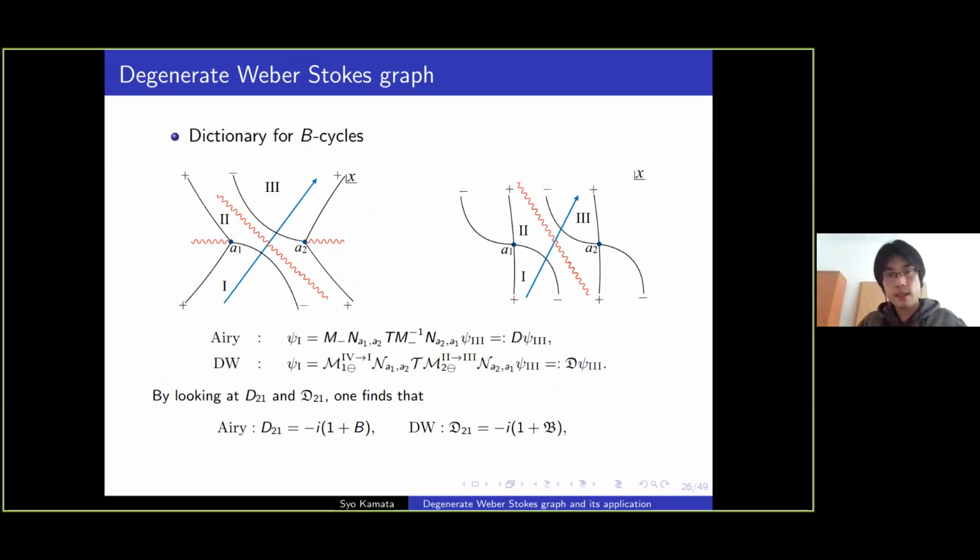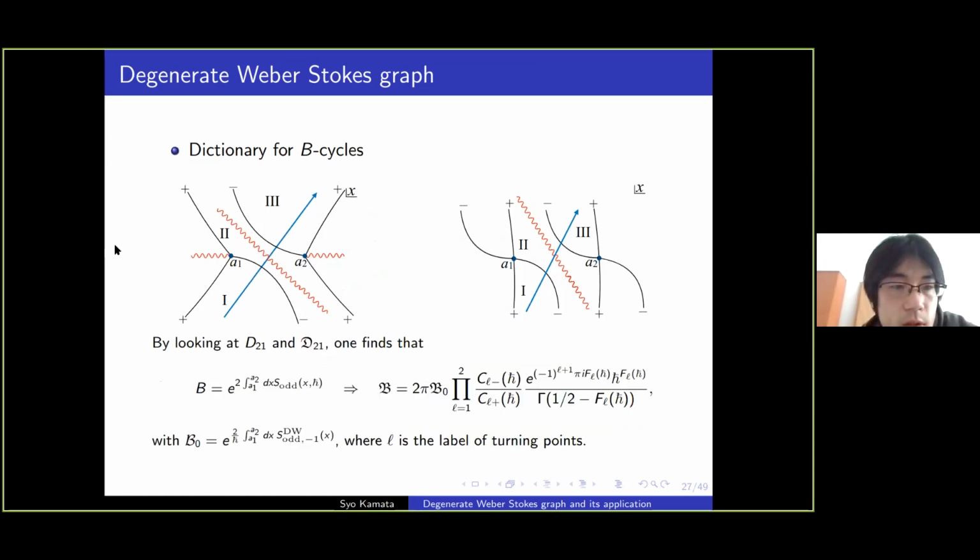The B cycle is a little bit more complicated. Let us consider this Stokes graph. Here this is another ARA type graph, and once we take E0 equals 0, these two turning points close to each other, so finally we arrive at this one.